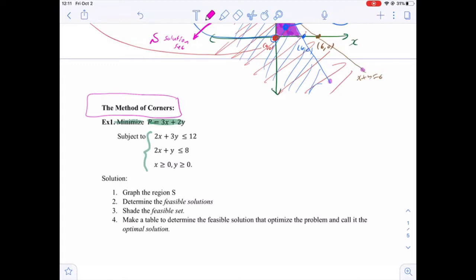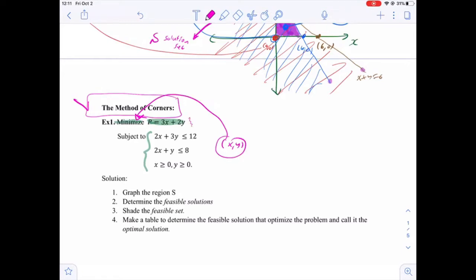These are inequalities, and we want to find the solution set, and then the values of x and y, or the point that minimizes the profit function, or the objective function.